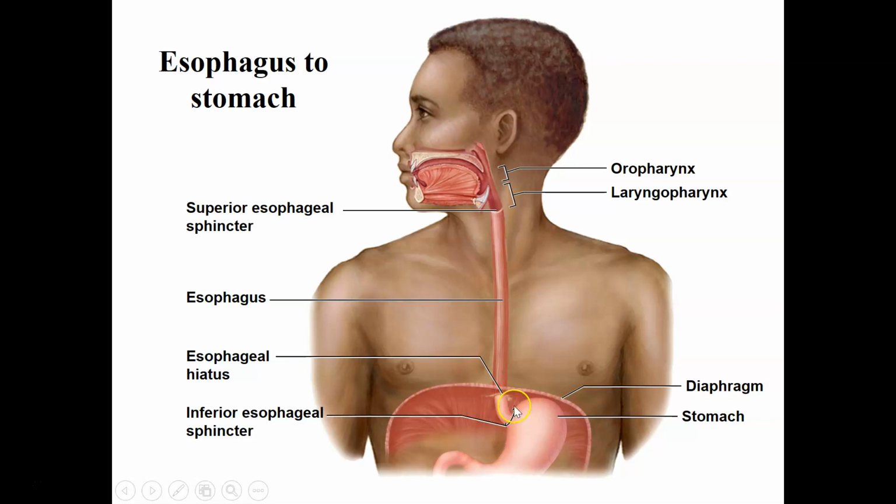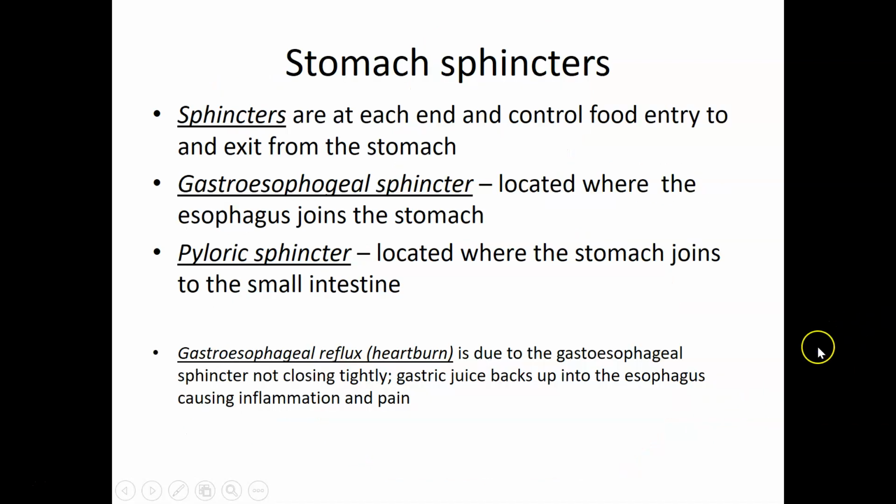And here it's showing that the fundus is bumping up against the bottom of the diaphragm. All right, and these are the sphincters controlling entry and exit from the stomach. And so the gastroesophageal controls entry, pyloric sphincter controls exit.